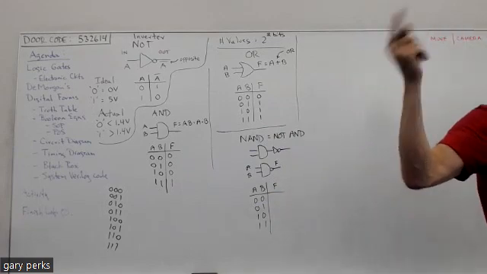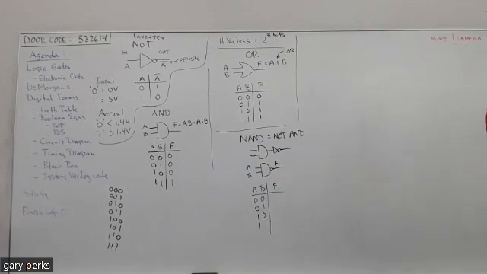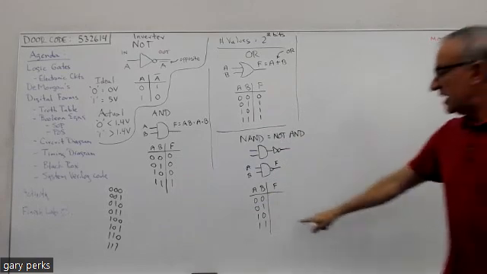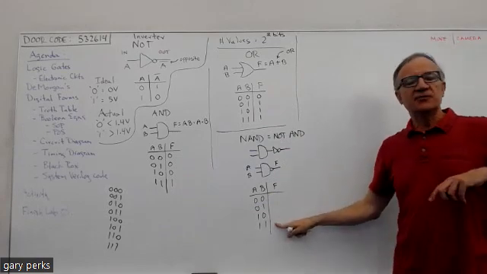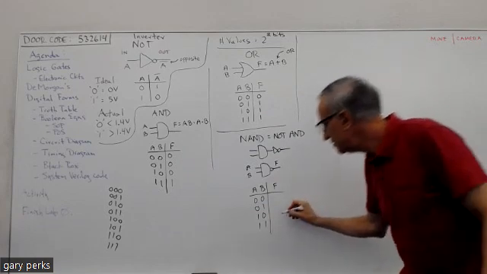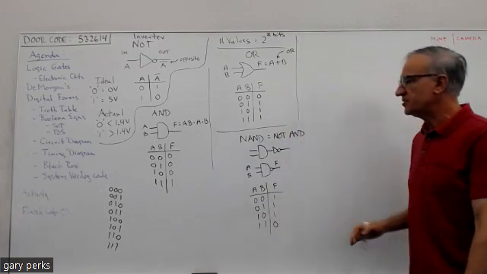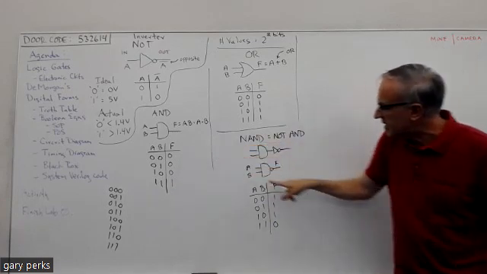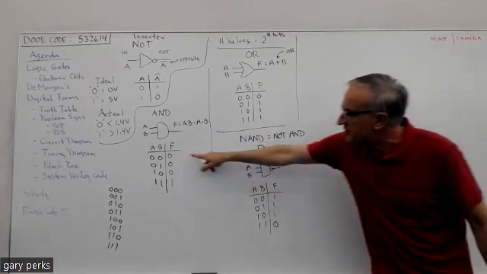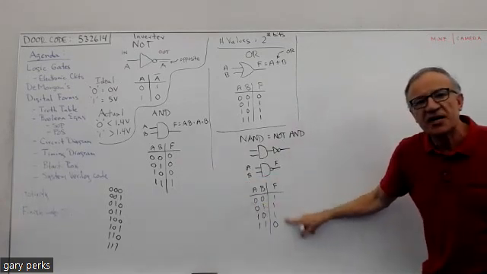Well, because there's an inverter on the output of the AND that makes the NAND, a NAND will only give you a 0 out when all the inputs are 1. Otherwise, you'll get a 1. So you see, if you compare the truth table of the AND to the NAND, the only difference is that we have inverted output here, right?